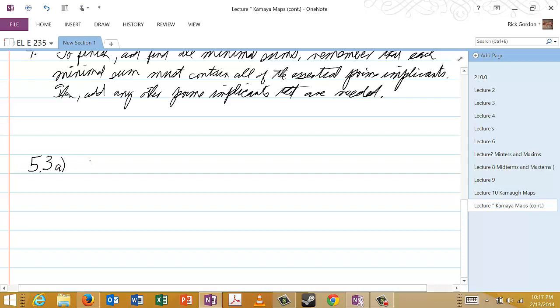So find all minimal sums of the function f1 of a, b, c is equal to little m0 plus little m2 plus little m5 plus little m6.